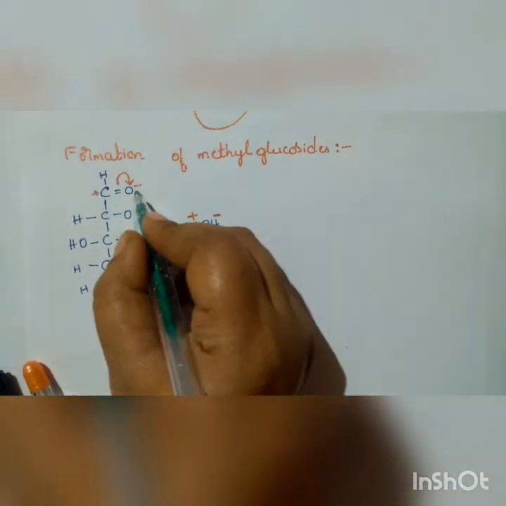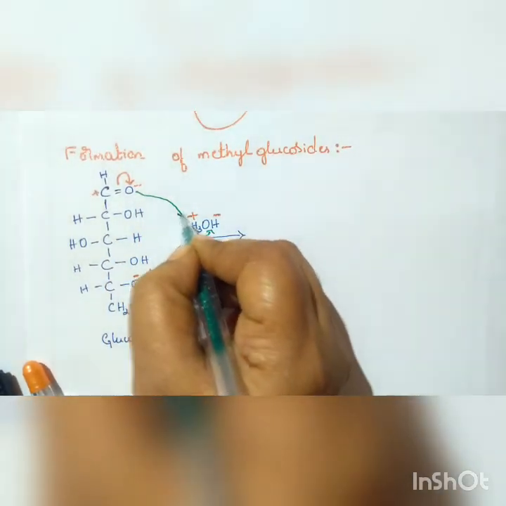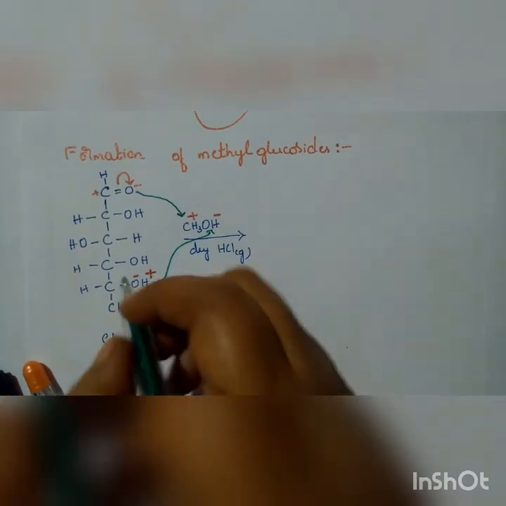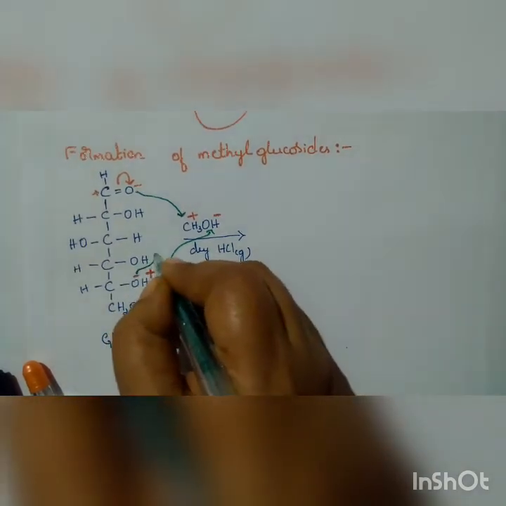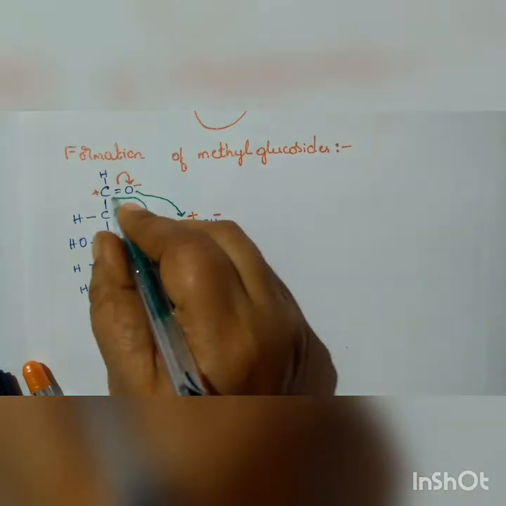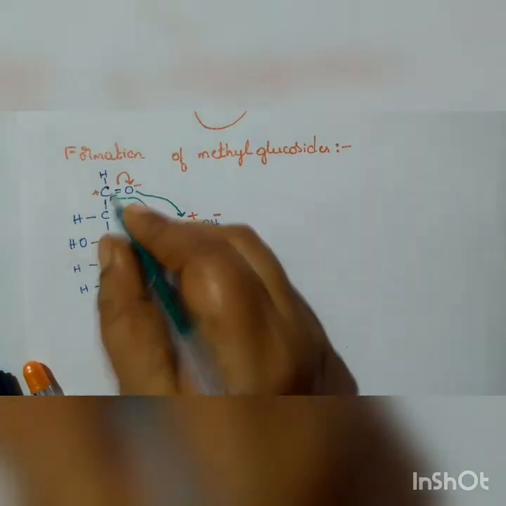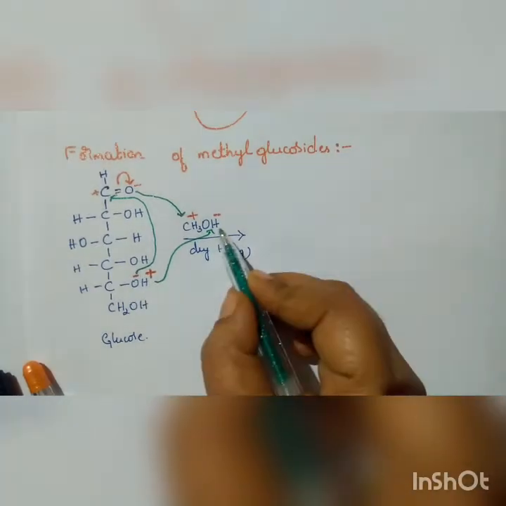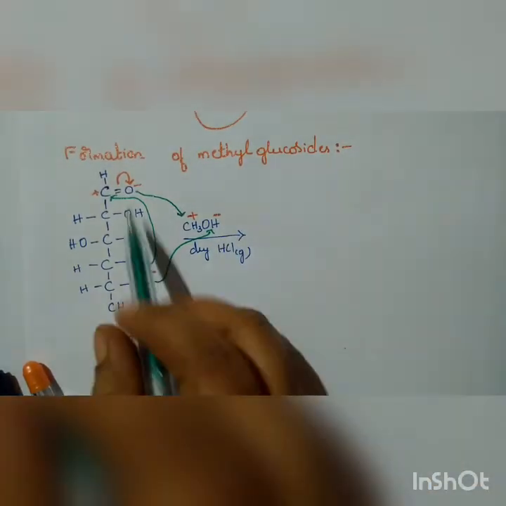This O minus attracts CH3 plus, the positively charged carbon atom. So there is an attraction between the oppositely charged groups here. H plus attracts OH minus, and O minus attracts CH3 plus.